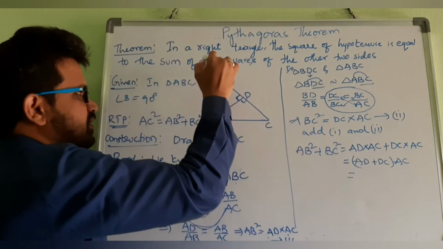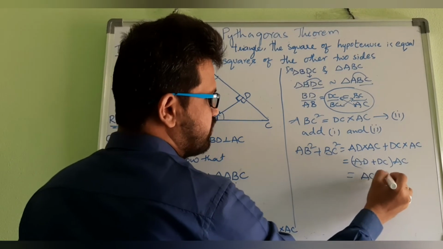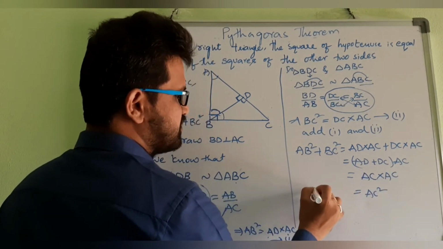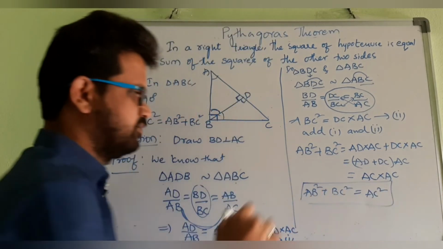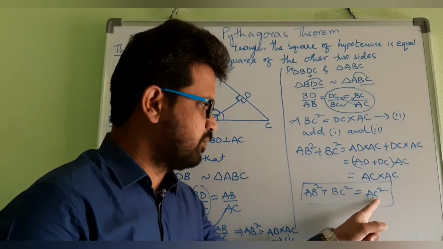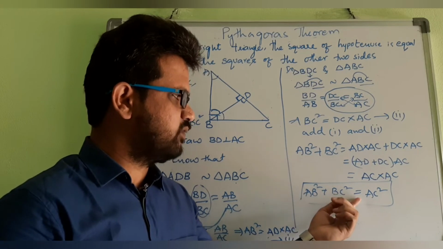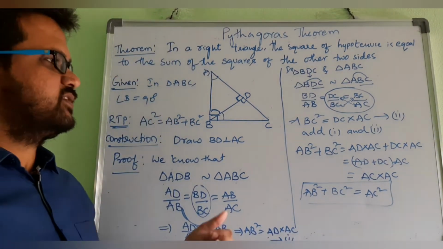AD plus DC is nothing but AC, so AC into AC, that is AC square. AB square plus BC square is equal to AC square. Okay, this is the Pythagoras theorem: the sum of the squares of two sides is equal to the square of the hypotenuse. So note down this.